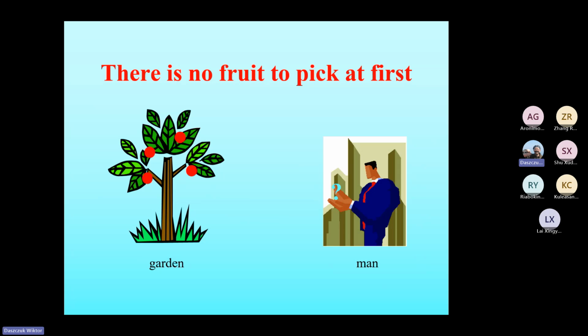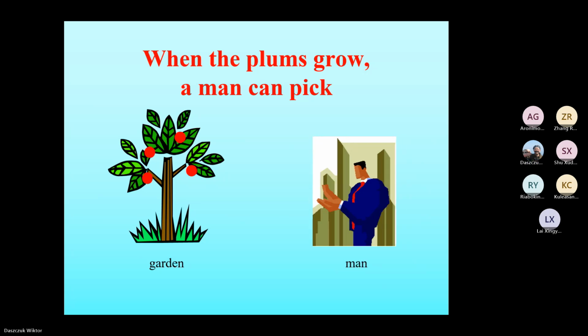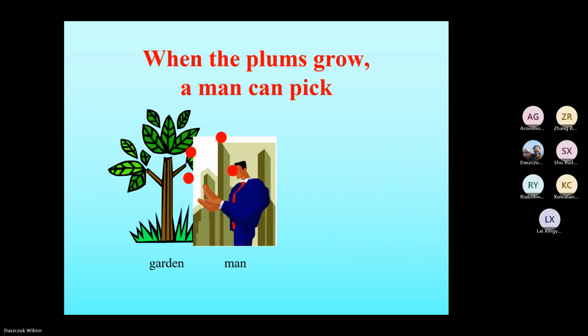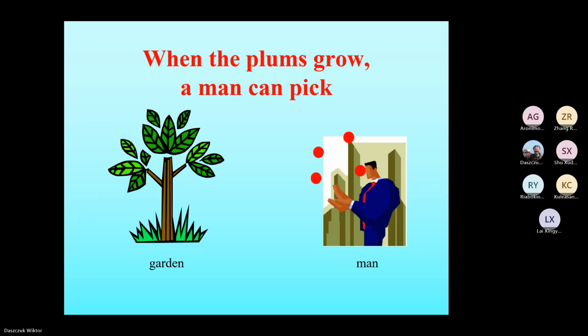Okay, now it's September, for example. And the man goes to the garden and picks the plums. How many plums can he pick? As many as grew up. Not a single plum more. If we have 100 plums, he cannot pick 101. He can pick 99, okay.